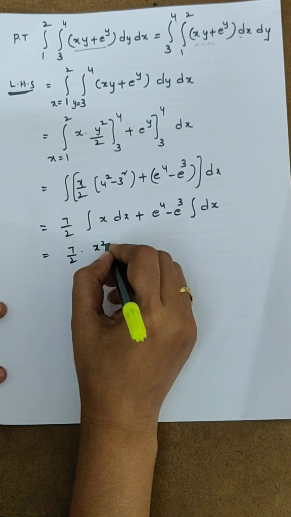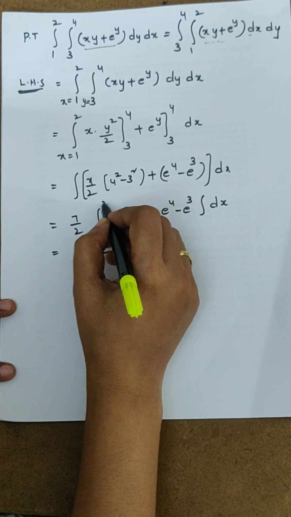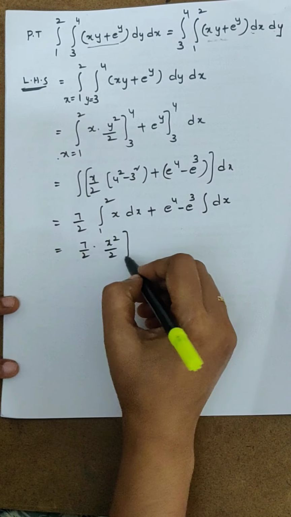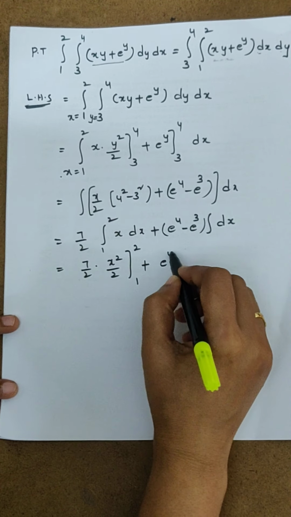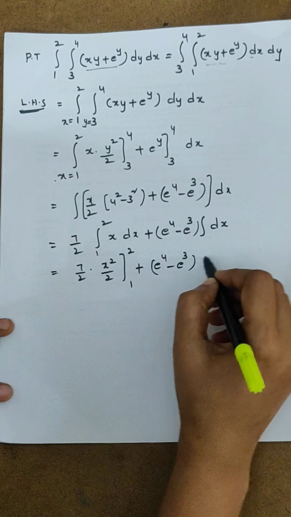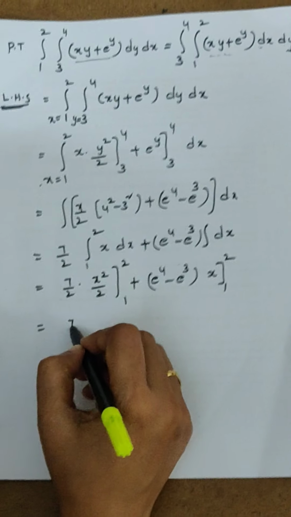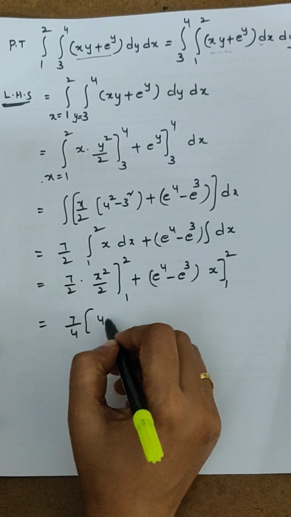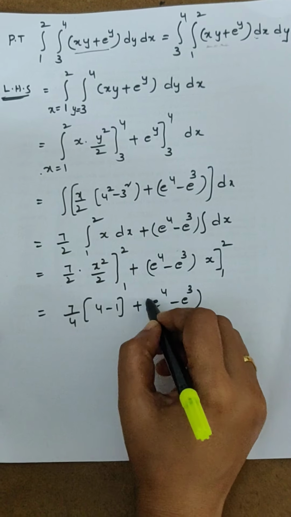For x integration, x square by 2. What about x limits here? X limits are 1 to 2, plus e^4 minus e^3, integral dx is x, and x limits 1 to 2. 7 by 4 into (4 minus 1) plus (e^4 minus e^3).